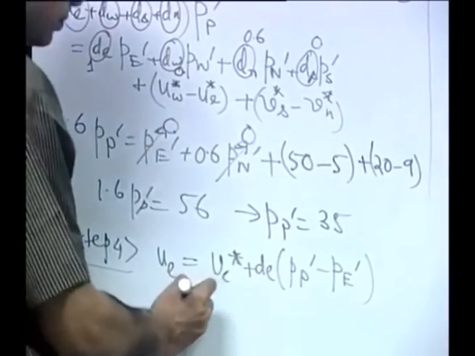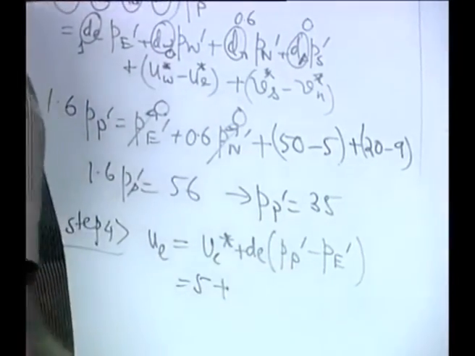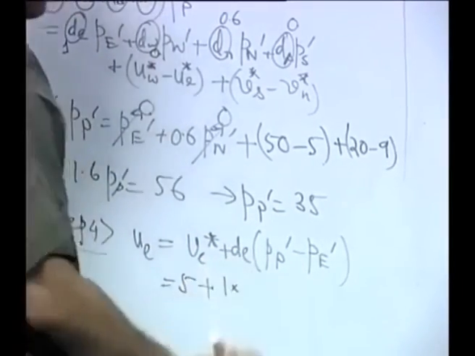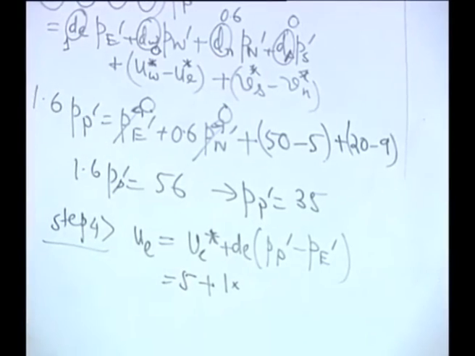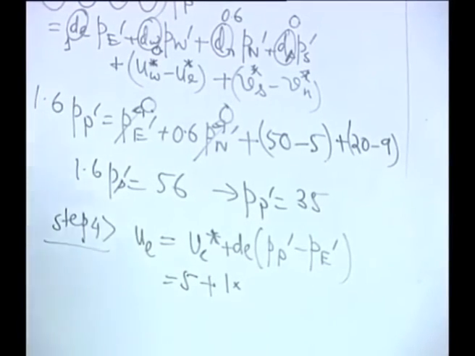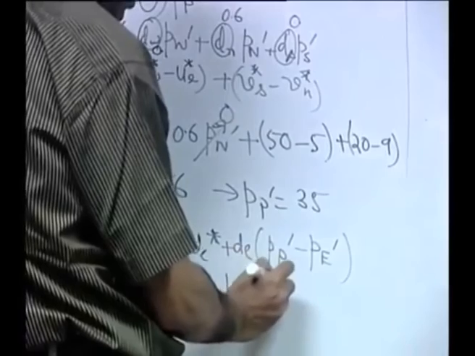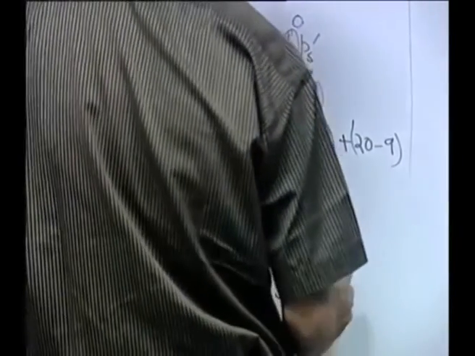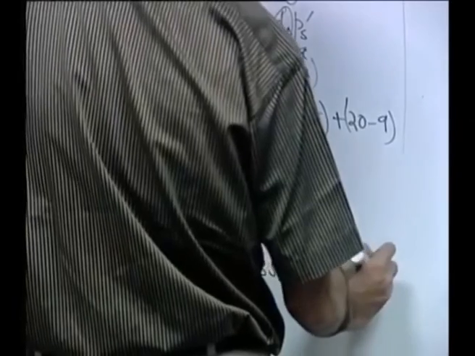So, 5 plus 1 into Pp prime minus Pe prime, 35 minus Pe prime is 0. So, this is equal to 40.